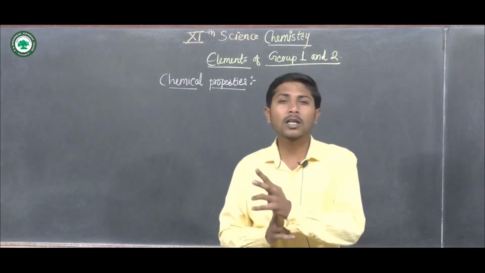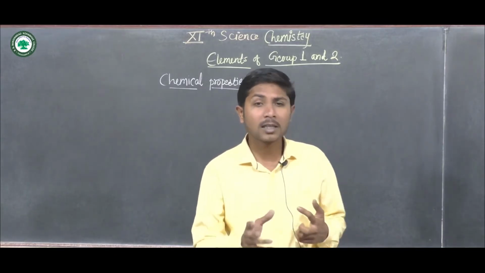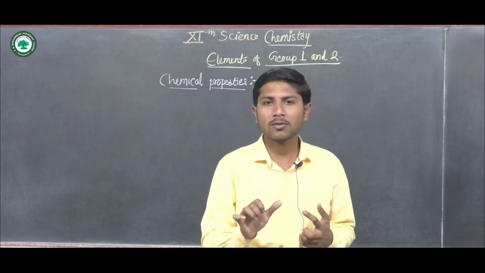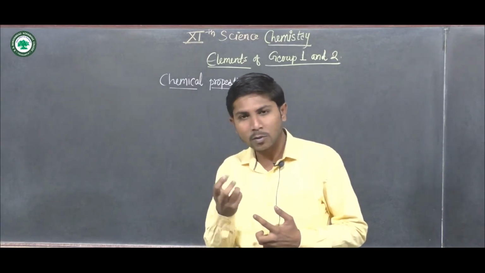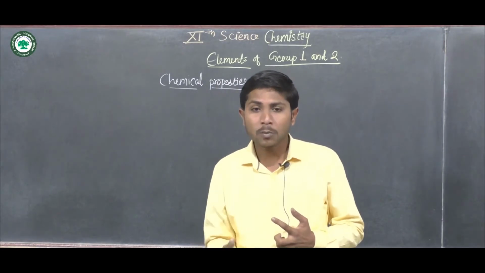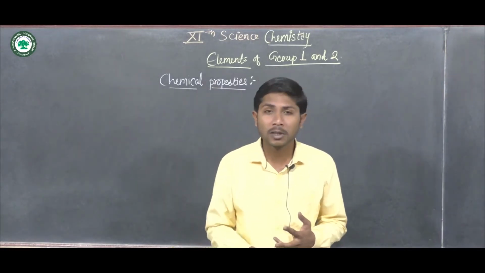The ionization enthalpy, or the energy required to remove that electron from the atom, lowers as the atomic radius increases down the group, and that's why they are highly reactive in nature.